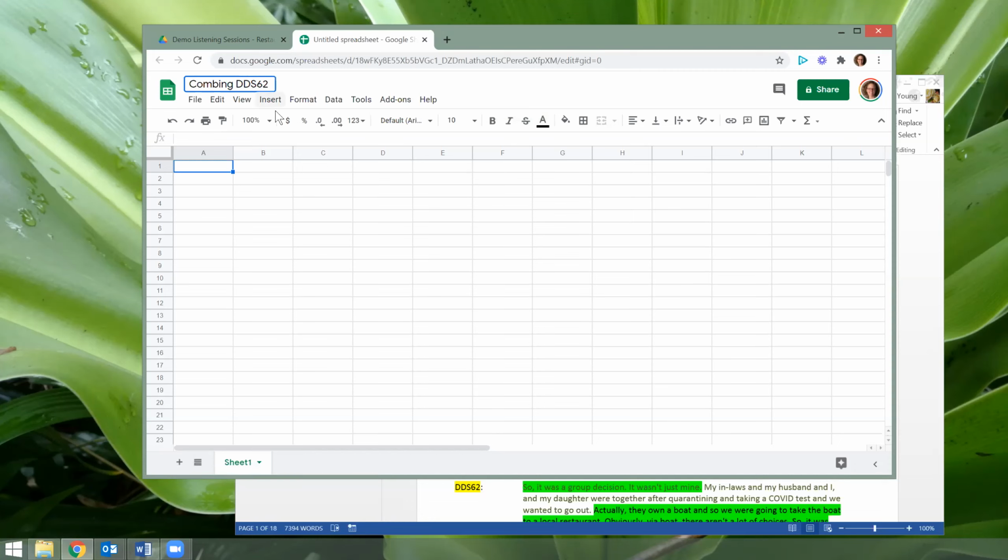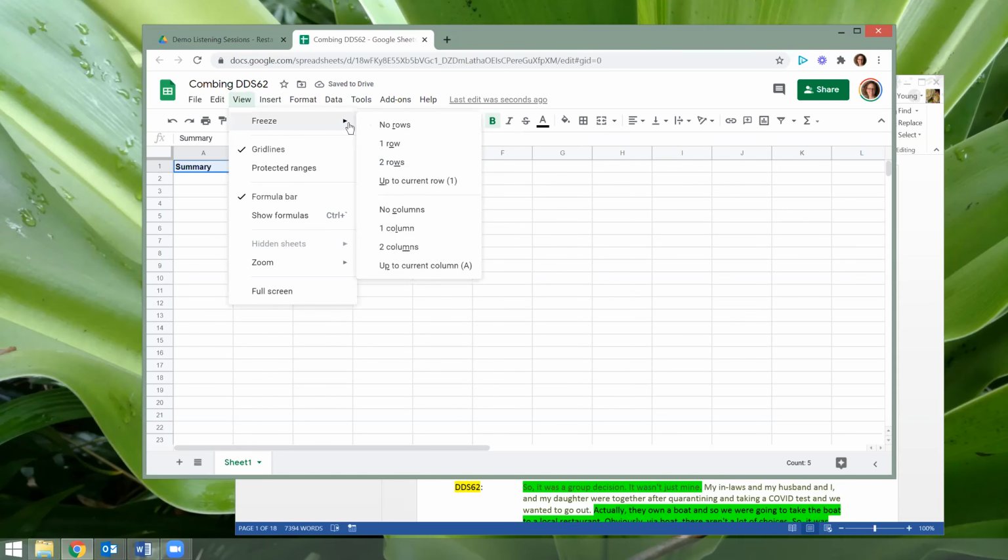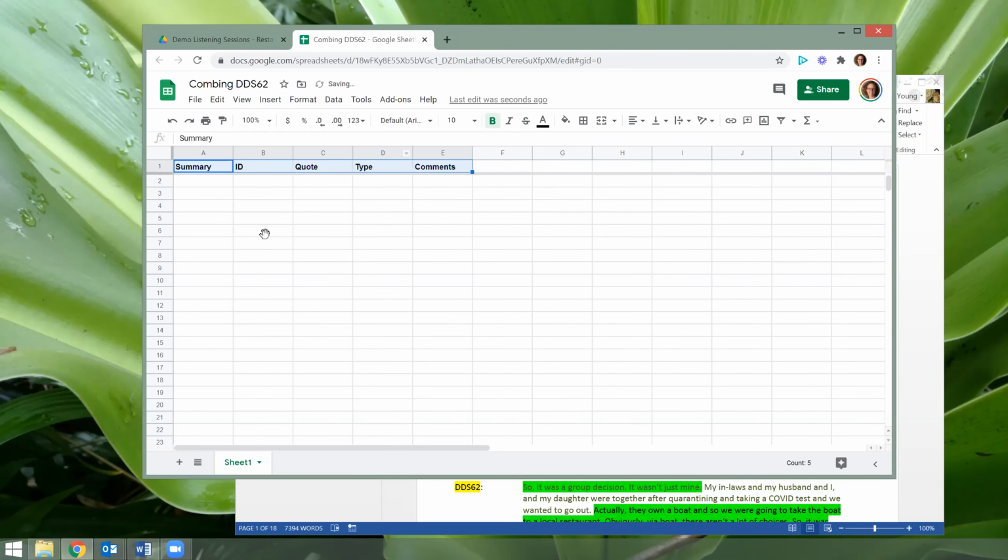This happens to be participant number 62. I go in here and put some headings in. And just boldface those headings and do the view so that we can see that first row. The ID happens to be this one.